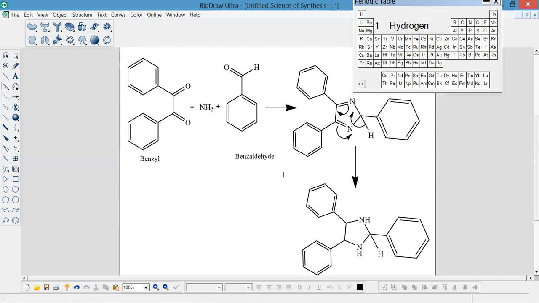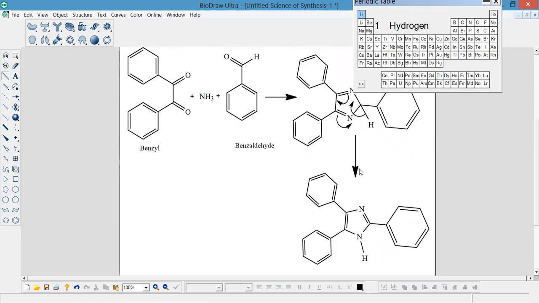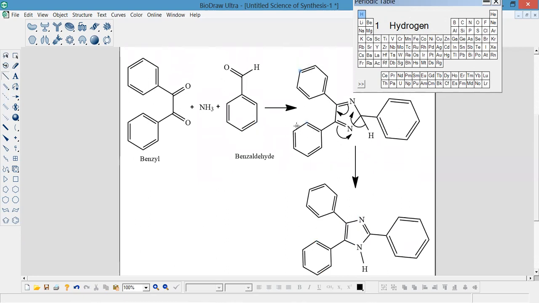The double bond moves as per the direction of these arrows, like this, and this hydrogen will move to this nitrogen like this. This is triphenylimidazole.